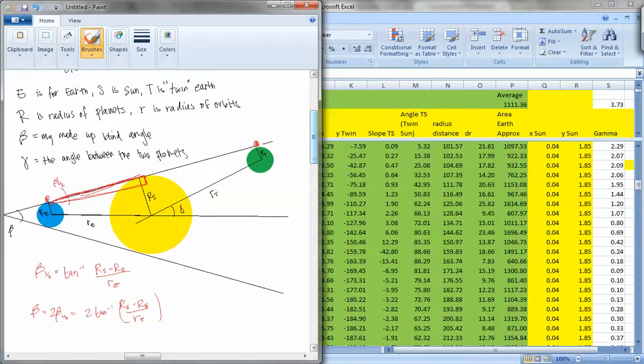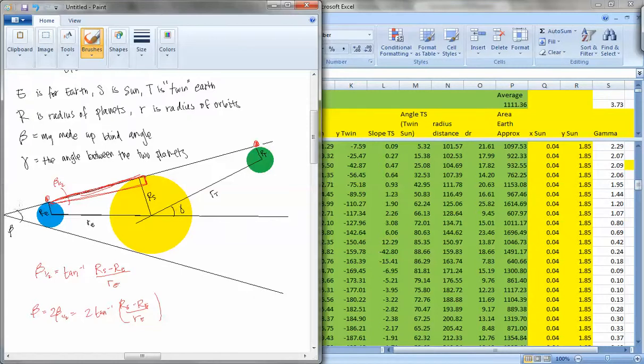But if we have the Earth, anything that has a capital R is talking about the radius of a planet or a large celestial body, and anything with a lowercase r is talking about the distance from that thing, basically my radius of orbit. And I made up some angle beta, which I called the blind angle.